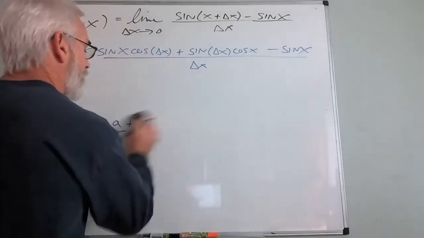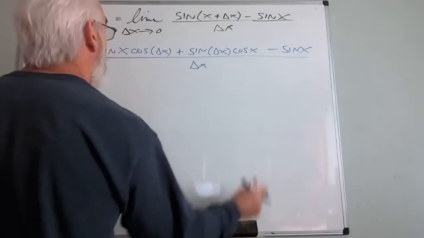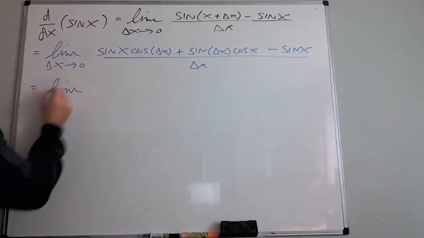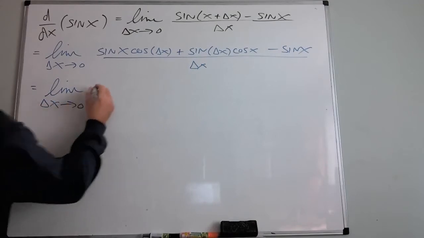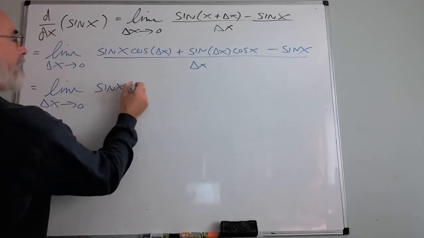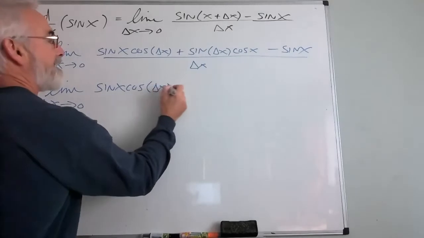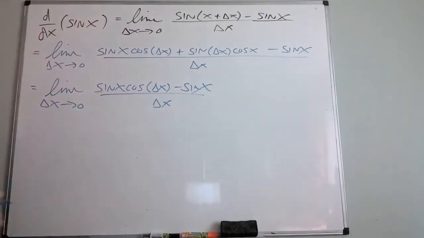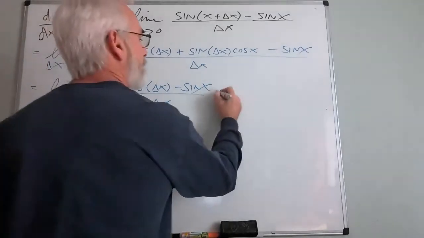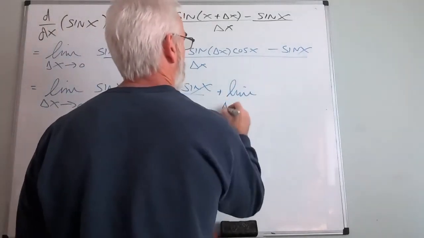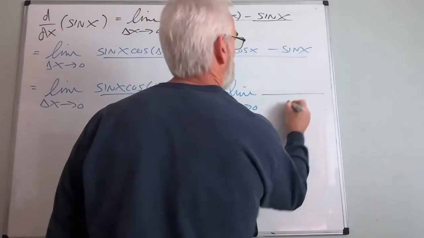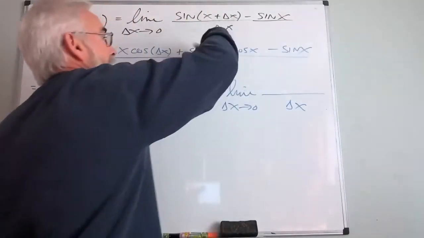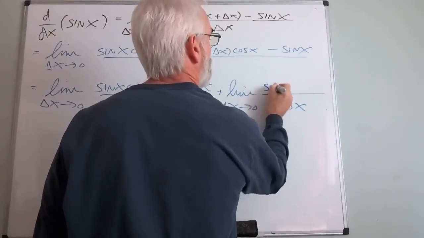So we're going to do a little bit of algebra and pull this apart, but I want to put the sine terms together. So I'll have sine x cosine of delta x minus sine x over delta x. Okay. Plus, now what's left? Well, let's see. I just took that term and that term, so the only thing left would be that term.